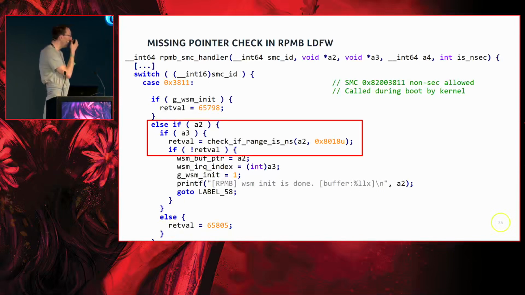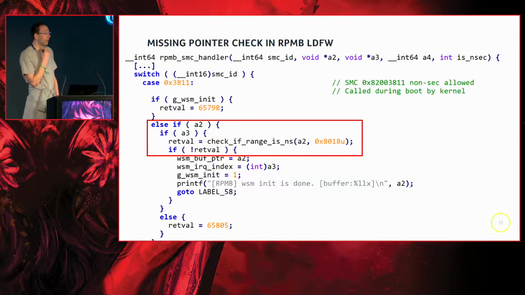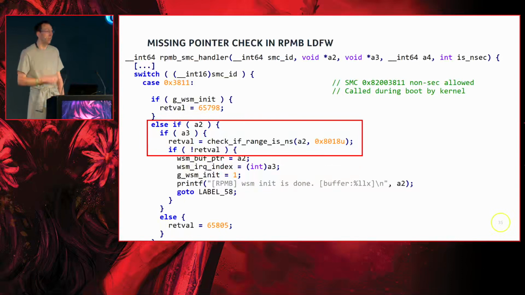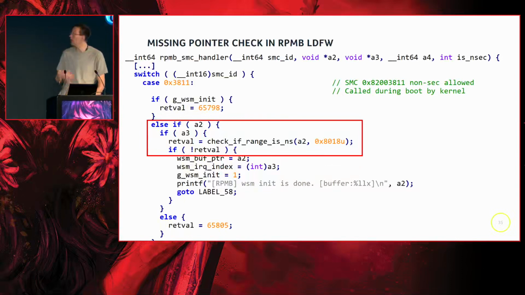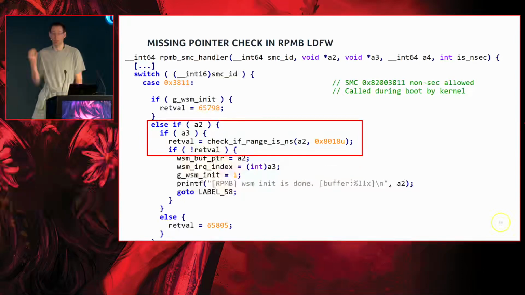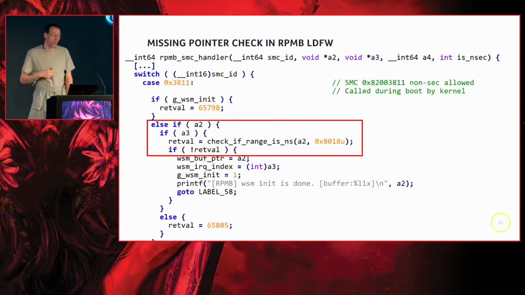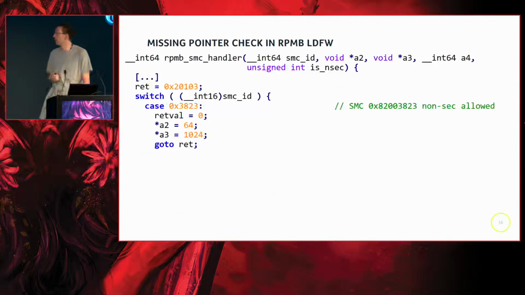And this SMC will then check if this memory is fully non-secure memory, because you don't want the Linux kernel to provide a pointer somewhere in your secure memory, so it will do a range check: is this really non-secure memory? And if so, it will register it and set up the context for the RPMB loadable firmware. So this works as expected.